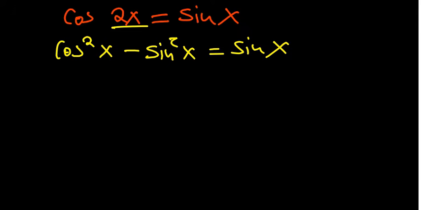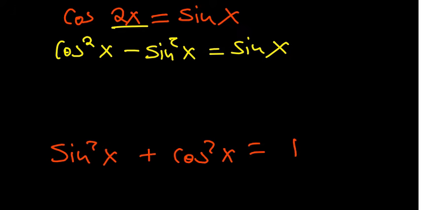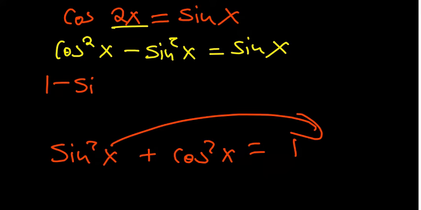Remember, now think of that identity. Sine squared of x plus cos squared of x is equal to 1. So if you want to make cos squared of x the subject, this one goes the other side, it becomes 1 minus. So where there's cos squared of x, it's the same as 1 minus sine squared of x, so equal to sine x.